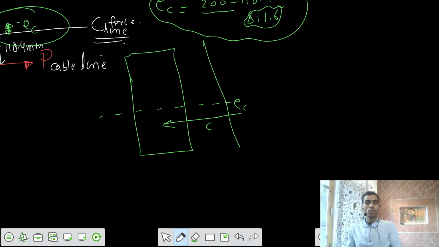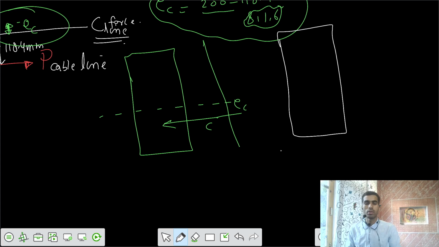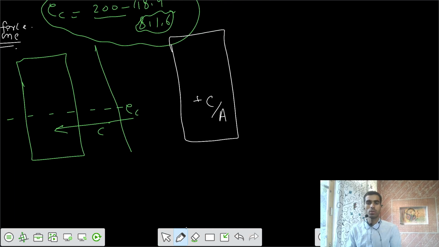So let's go for the stresses now. Let's solve for the stresses based on this C force method, or strength method. There is some force C by A, and there is one more stress because of that C times EC. Your C force is below the neutral axis, so it would create a hogging moment on that section.